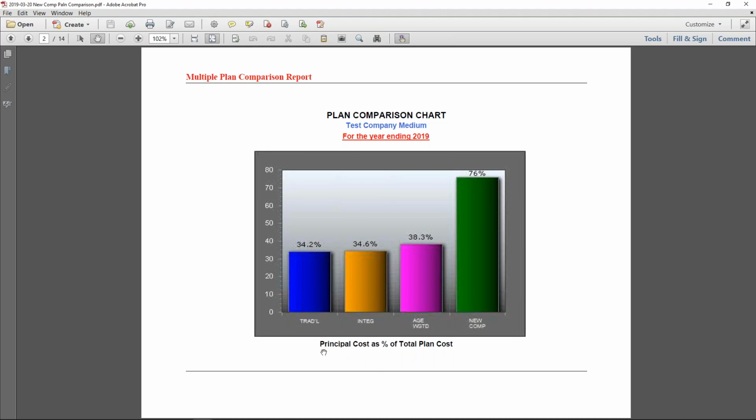And more significantly, this is showing the percentage of all the contributions that go to the owners of the company. So under a traditional plan, only 34%, under integrated, 34.6%, and then the age weighted, they get a little boost to 38%. But look at with my new comparability plan design, 76% of all the dollars going into the profit sharing plan now can go to the owners of the company.